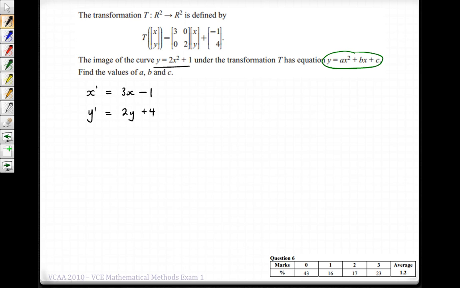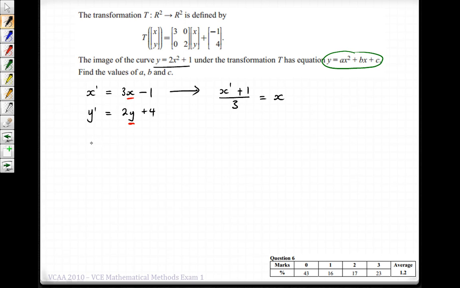My next process is to solve for the normal x. So I want to isolate this x here and isolate the y there. I've got to undo what's happened to these inside each individual equation. So this one becomes x dashed, or x prime, plus 1, divided by 3, equals my normal x.